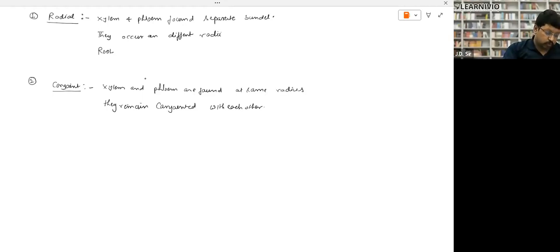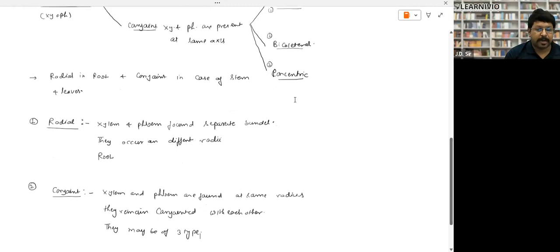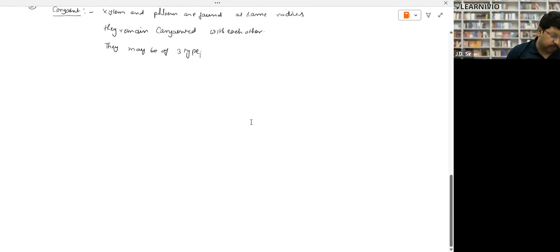Note it down: conjoint vascular bundles may be of three types. I have already explained: collateral, bicollateral, and concentric. The first one is A, collateral.